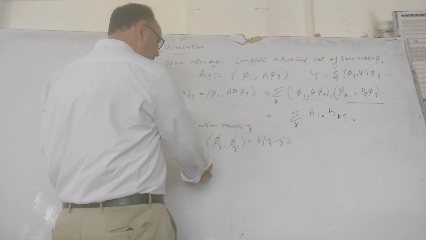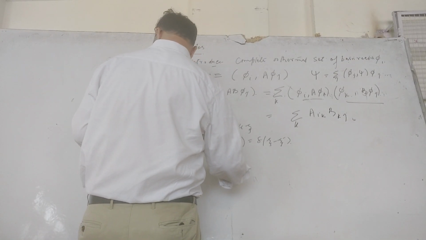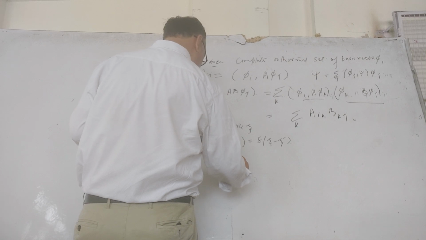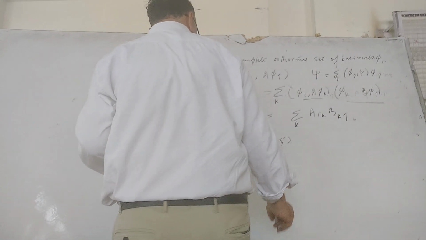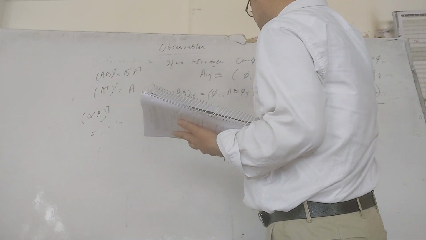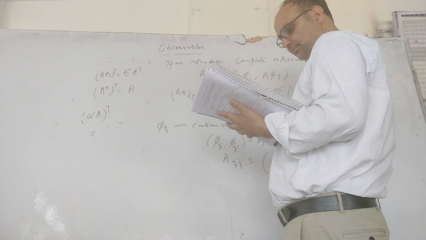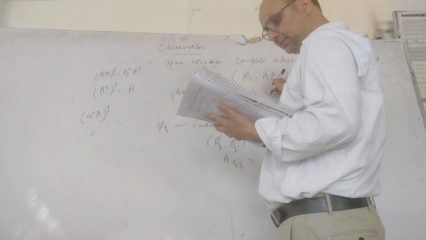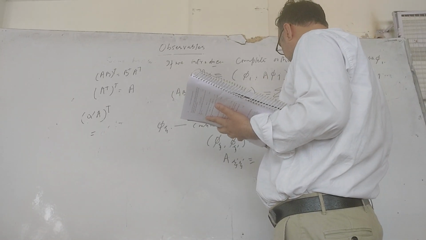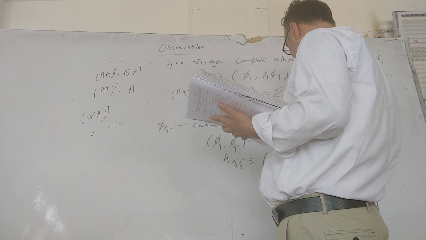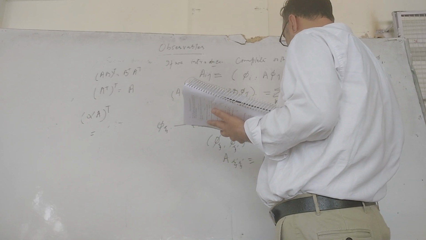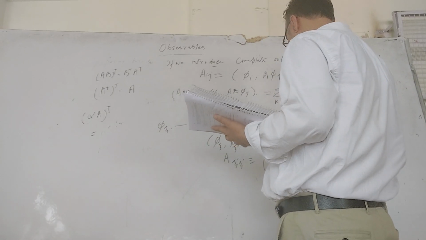And in case we have an operator acting on zeta, that operator can be defined using this property: phi zeta prime, A, phi zeta.